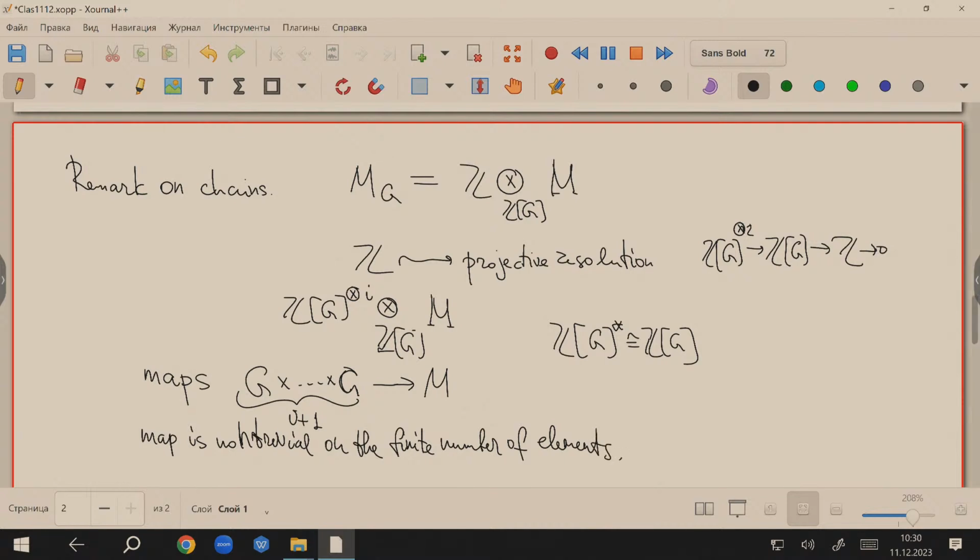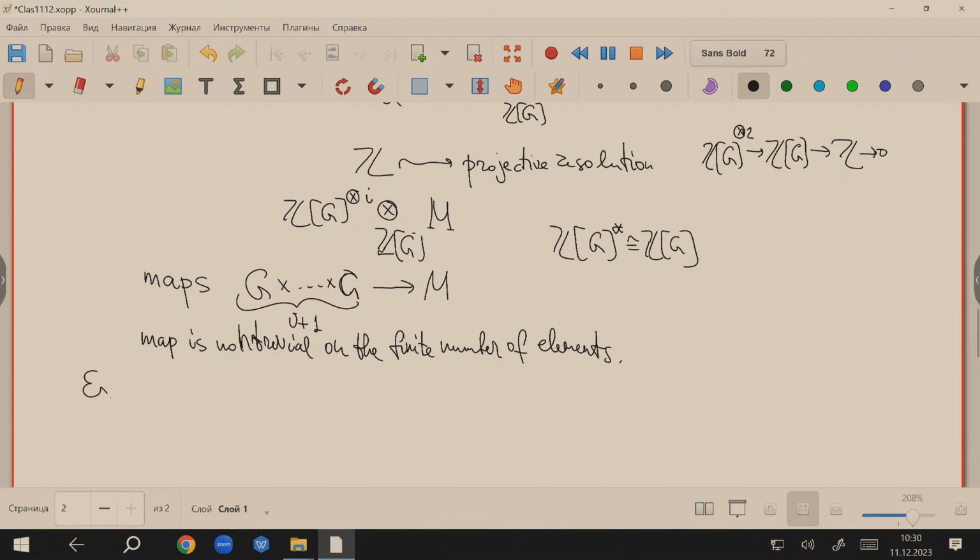Notice that ZG acts diagonally here. So this is not just a free module; it can be viewed as some kind of ZG-equivariant map. And the exercise is to write down the differential for this complex.